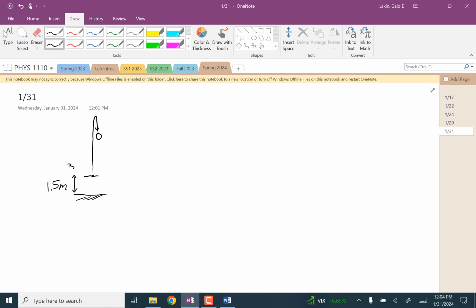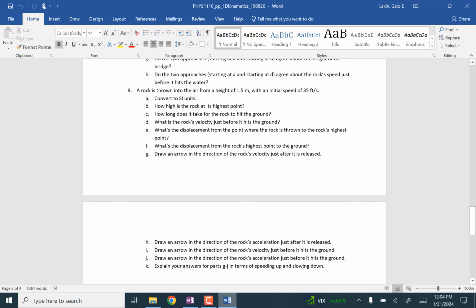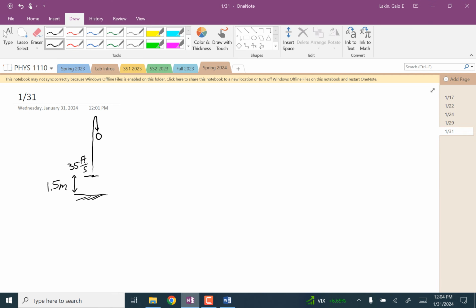Its starting speed is 35 feet per second. And we want to figure out the highest point it reaches, how long it takes to hit the ground, the velocity just before it hits the ground, and then some displacements.